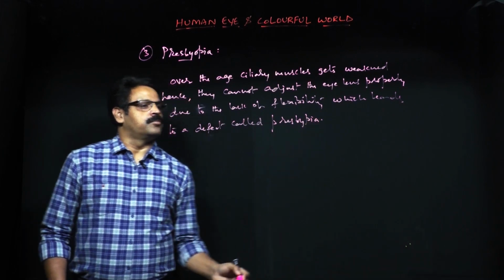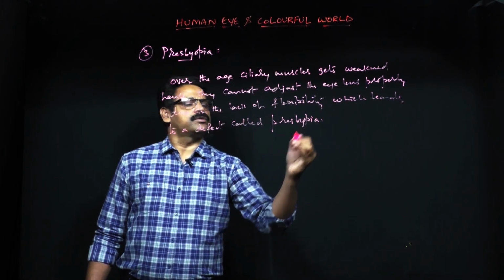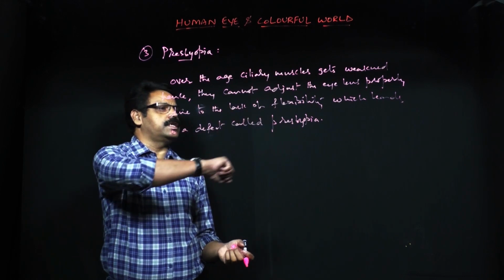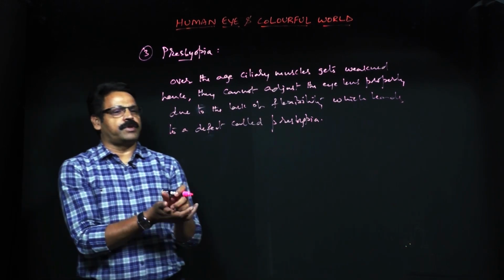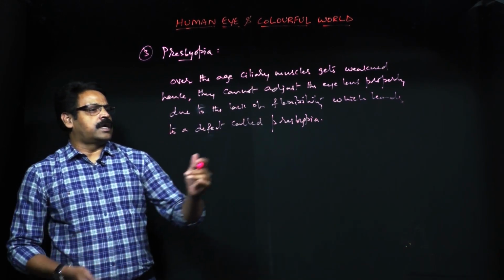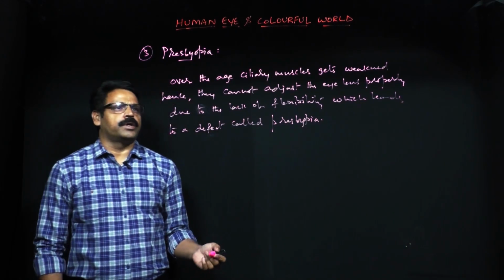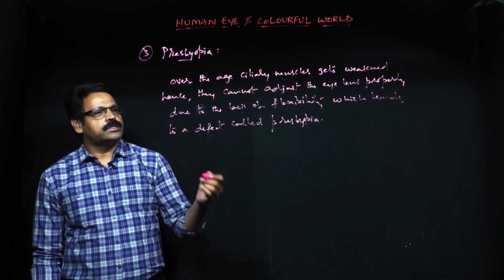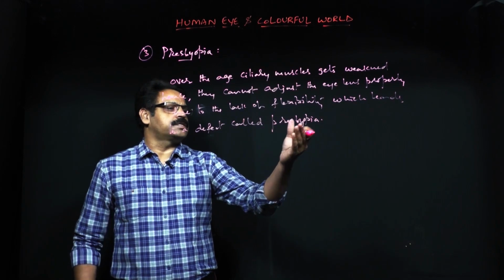That means because of the weakening of the ciliary muscles and there is no proper flexibility of the eye lens, that leads to a defect called presbyopia, by means of which it cannot see the nearby objects properly.